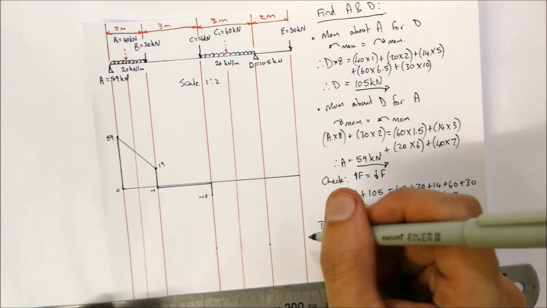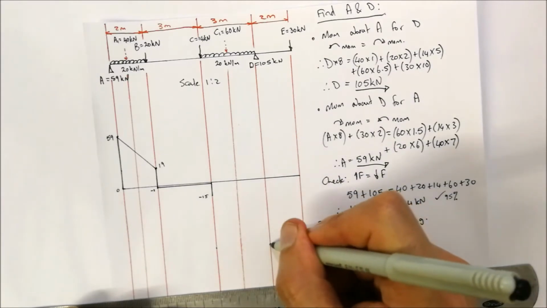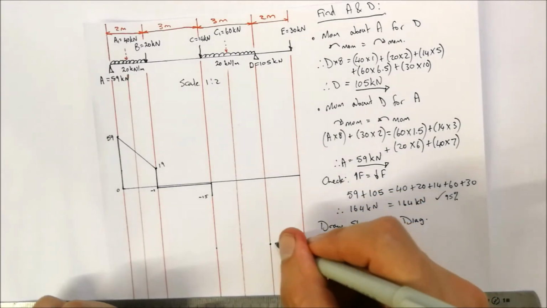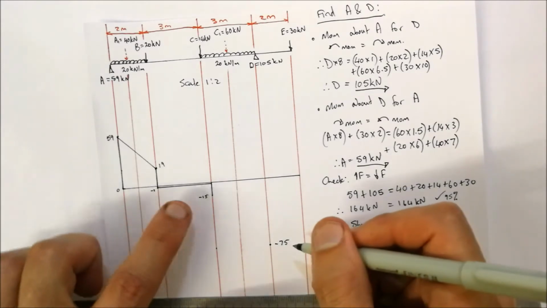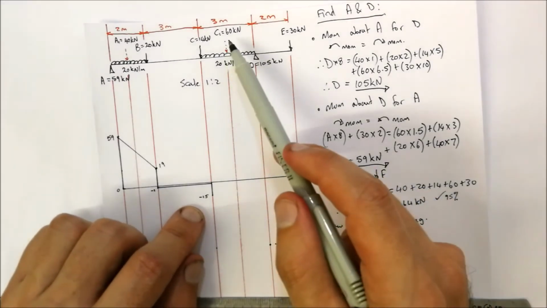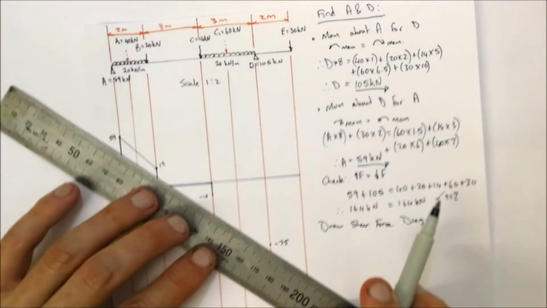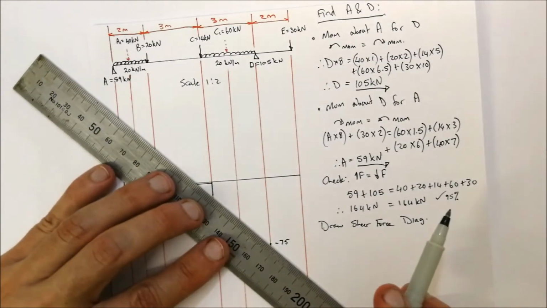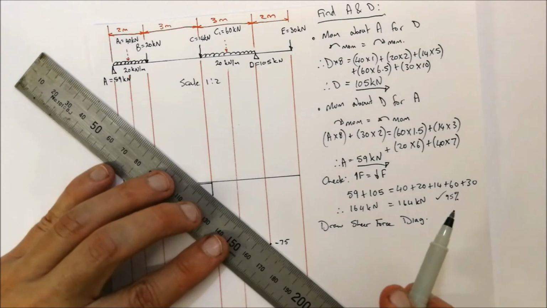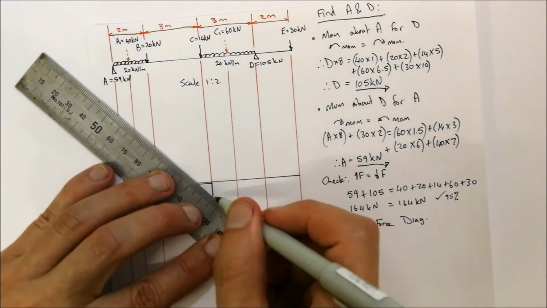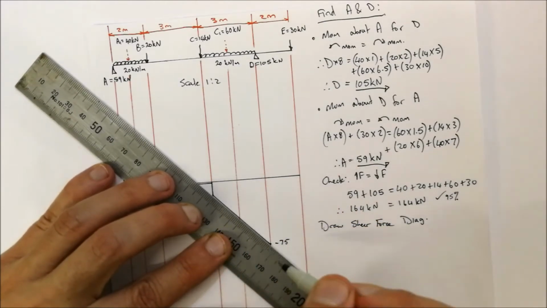And I'm going to write over there it's minus 75, because minus 15 minus 60 is equal to minus 75. And I'm going to join those two dots together.